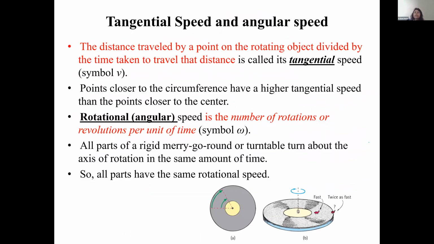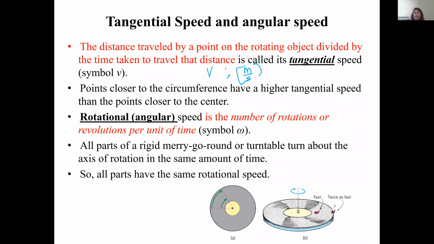So now again, tangential speed and angular speed, to get these two understandings. Tangential speed is the linear speed, measured using the symbol v and units meters per second.